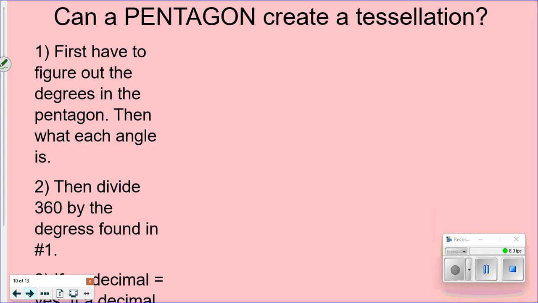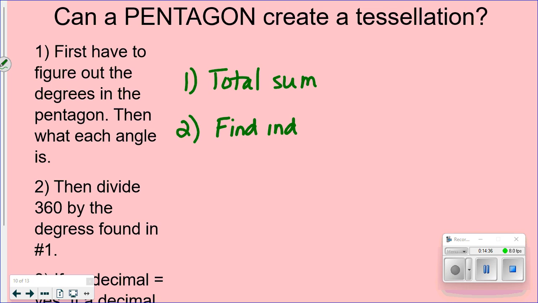So the question is, how can you tell if something tessellates? The first thing you have to do is find the total degrees, the total sum, just like we did. Then you're going to take that total sum and find each individual angle.